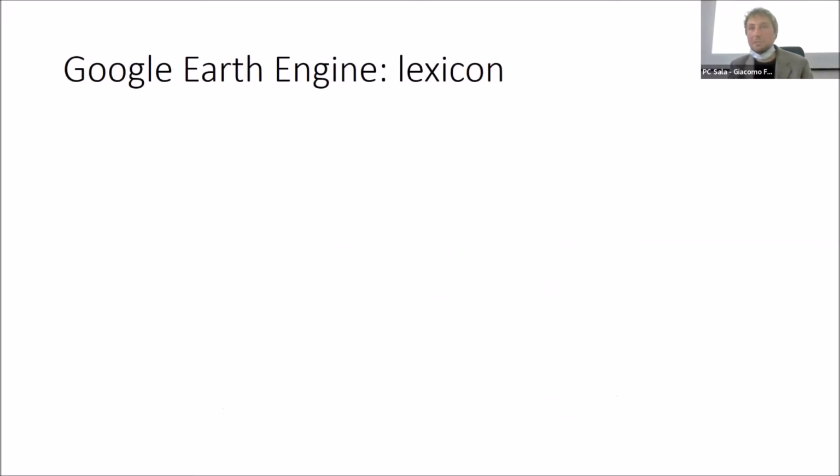Yeah, so starting to go a bit more to the practical, the technical part. Google Earth Engine has a bit of a special lexicon of its own for calling the objects, which I introduced in the beginning of the seminar when I was speaking about raster and vector data.